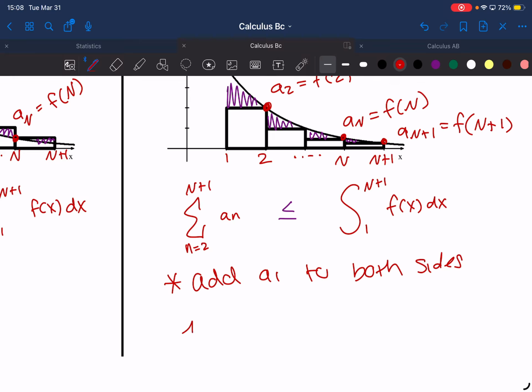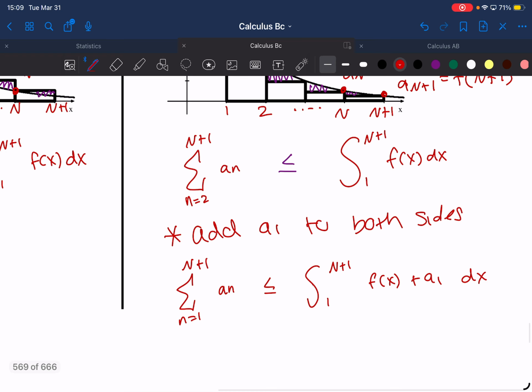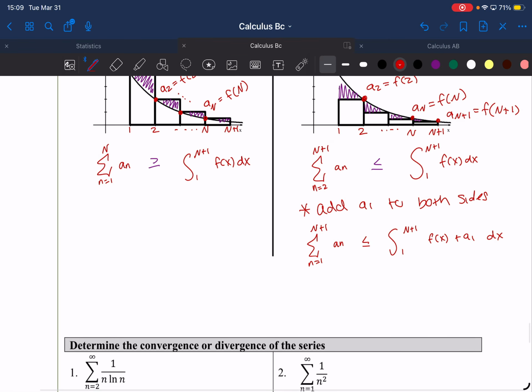So I have the summation of n equals 1 to n plus 1 of a_n is less than or equal to the integral from 1 to n plus 1 of f of x plus a1 dx. I added a1 to both sides. Again, I did that because I want this to match up with my very first graph where it started at n equals 1.